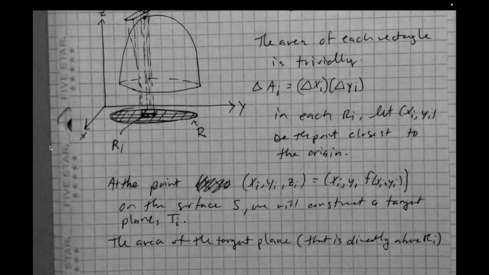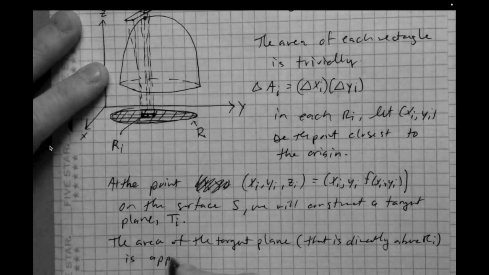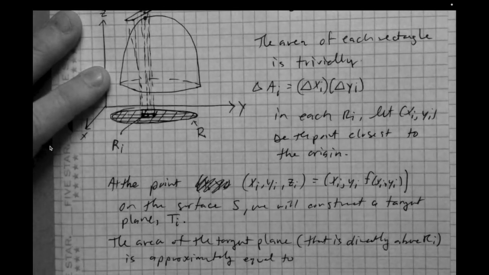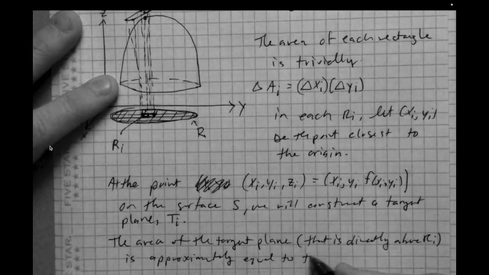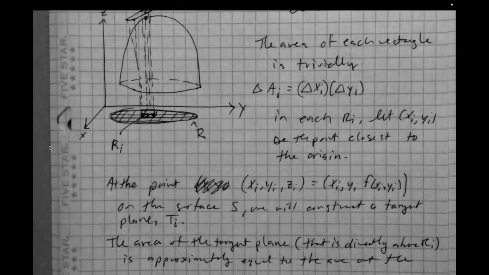The area of the tangent plane that's directly above Ri is approximately equal to the area of the surface lying directly above Ri.